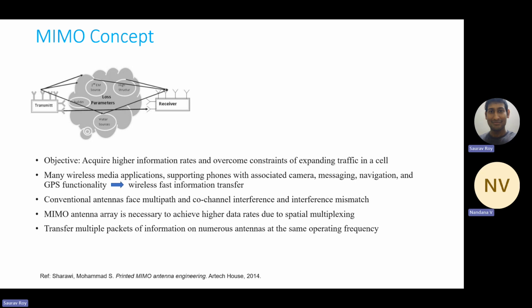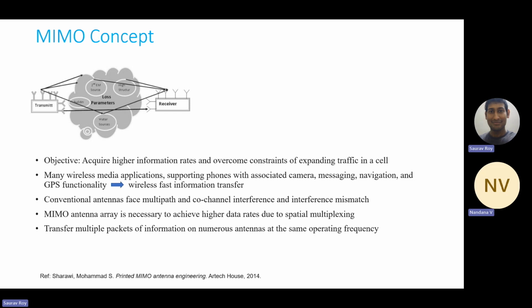But as it became more advanced, there are many wireless media applications nowadays, and we are now talking about IoT, right? IoT means Internet of Things. There are many things connected over the internet, and they automatically manage each other through sensors and others.